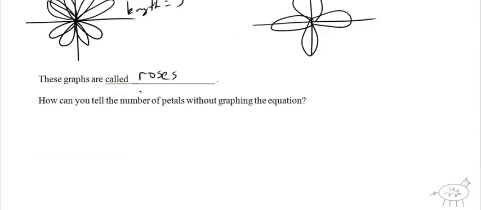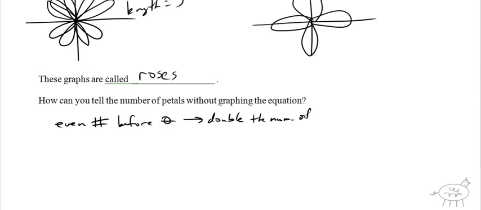If it's an even number before theta, then it's double the number of petals.